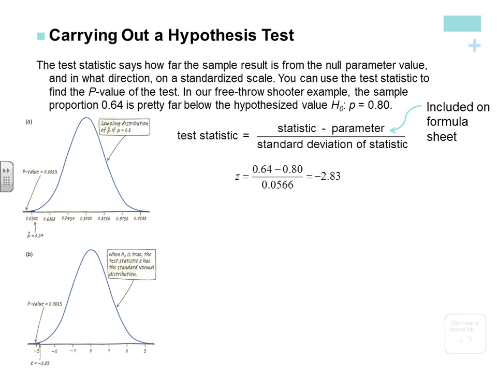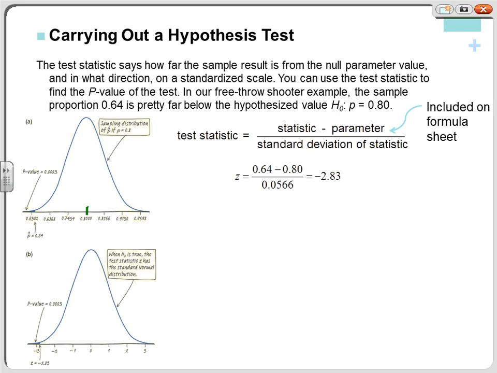So here we could look at this. This was our original. We were looking for that area. Or we could make it normalized with our z. Remember, the mean is always 0 and the standard deviation is always 1. And we had a negative 2.83.